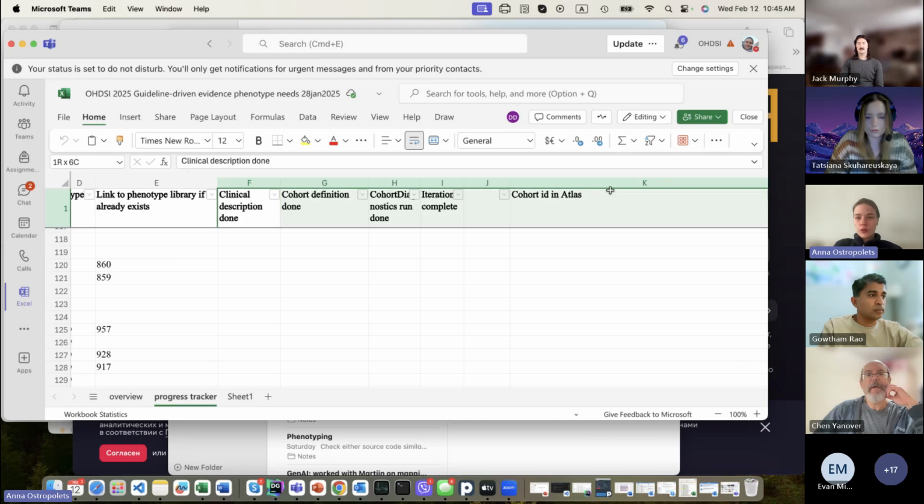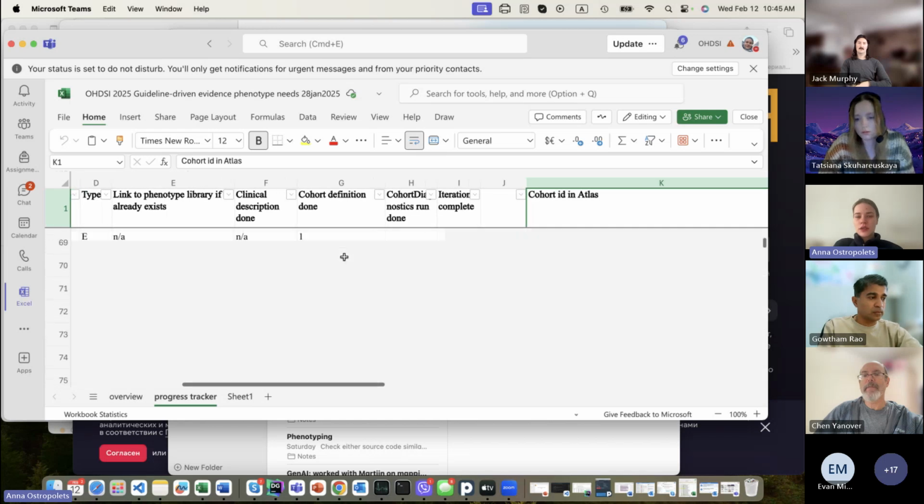And we now have these columns that represent the stage: clinical description done, cohort definition done, and other things that are not relevant yet, and then cohort ID in Atlas. So whenever you're ready, you will find your name and the phenotype that you built, and next to it you would put a one in cohort definition done, and then provide the cohort ID in Atlas.